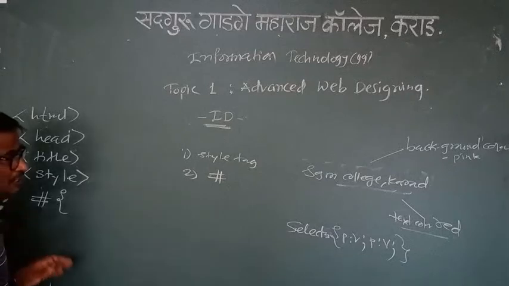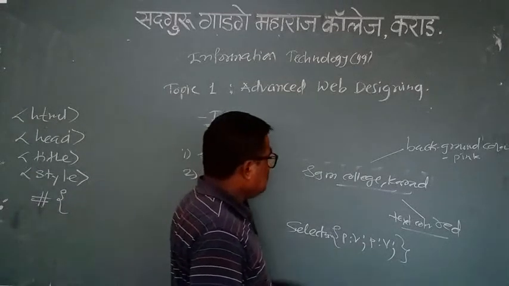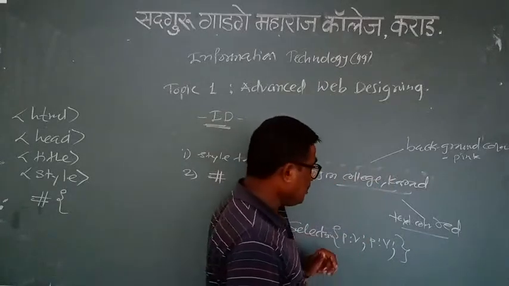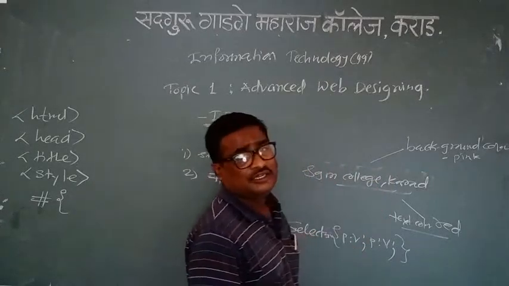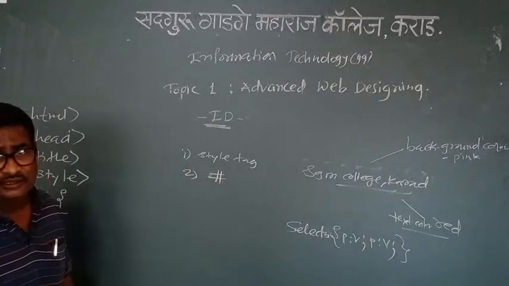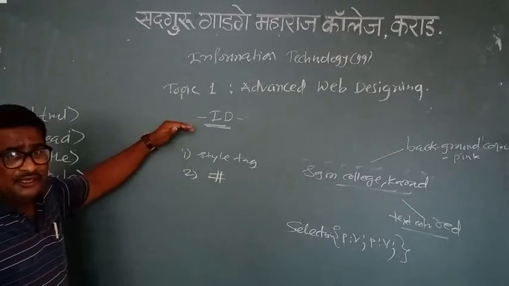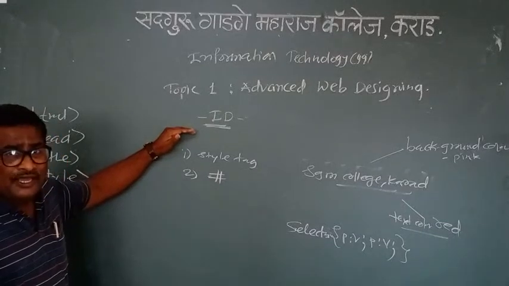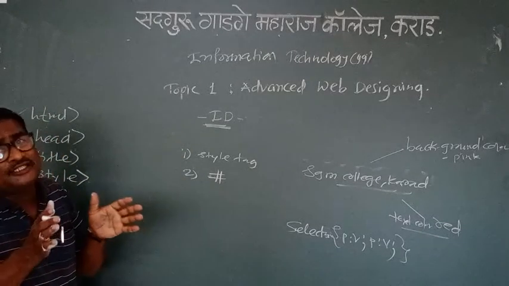Then what are the properties? We have to make changes in the text: background color is pink and text color is red. What is the purpose of ID? ID is used to apply on a particular text only.